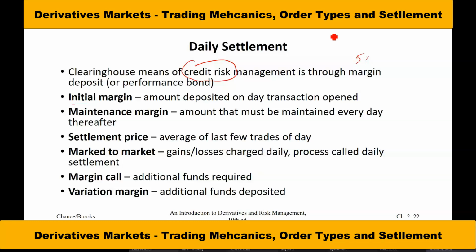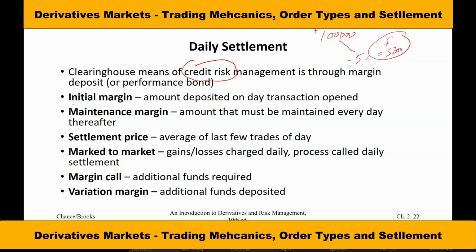So if I have a futures contract that is worth, let's make it 100,000 pounds, I will be required to keep, let's suppose, a margin deposit of 5,000 pounds, depending on what the initial margin requirement is.